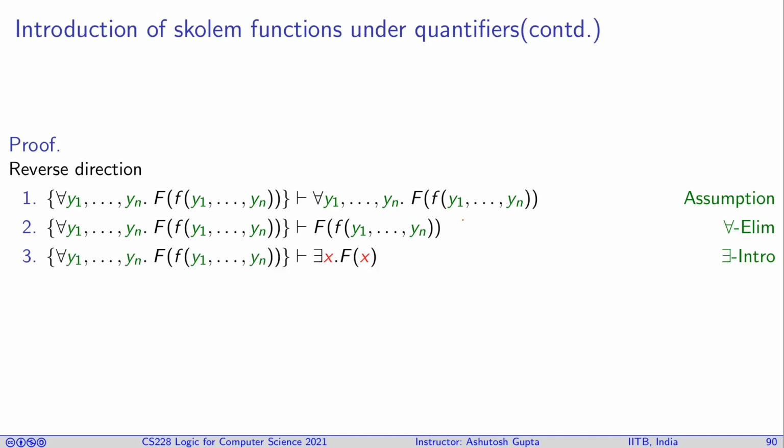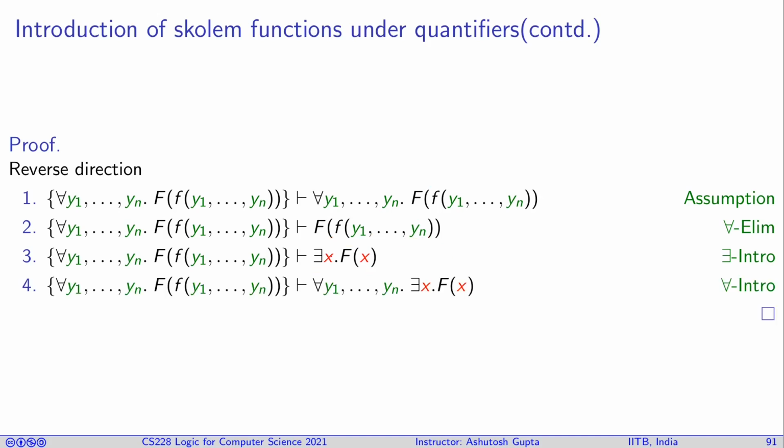I got this, and I can replace this term by an x and introduce a quantifier exists x. It's up to me. And then we can bring back my quantifiers using for all introduction, because in the context these variables are not free. So see, I can assume my formula here and can derive this. Okay, so I managed to prove the reverse direction simply using the proof system.